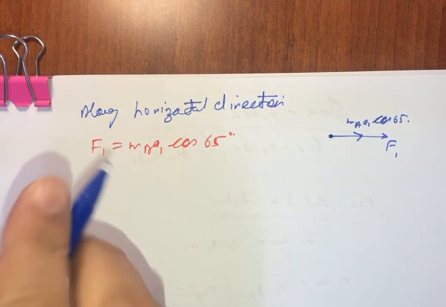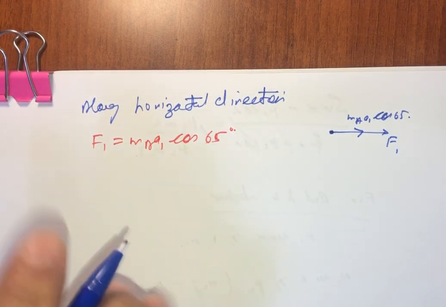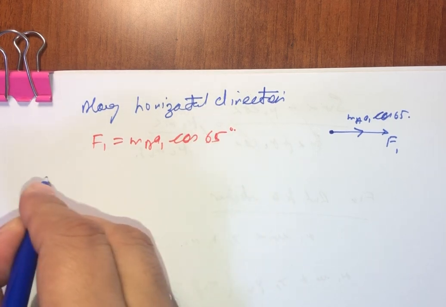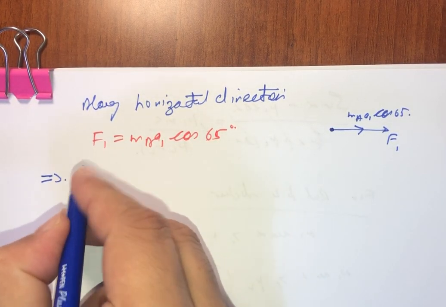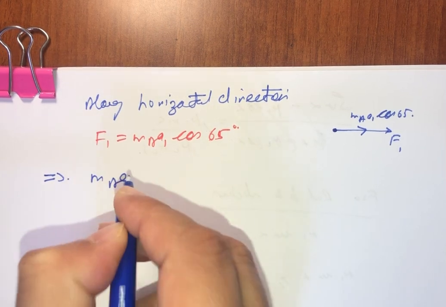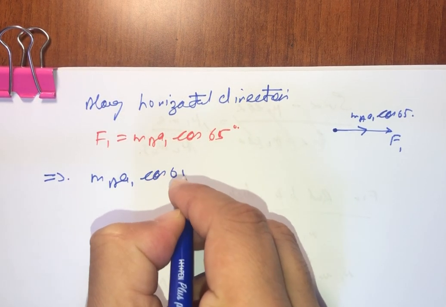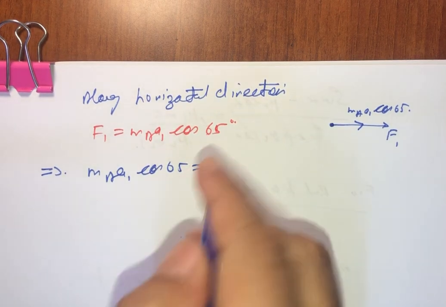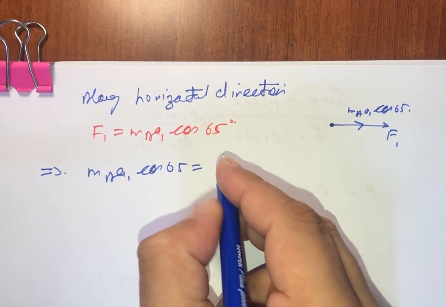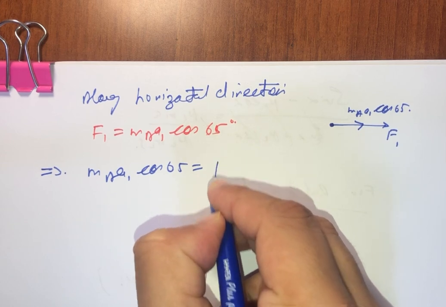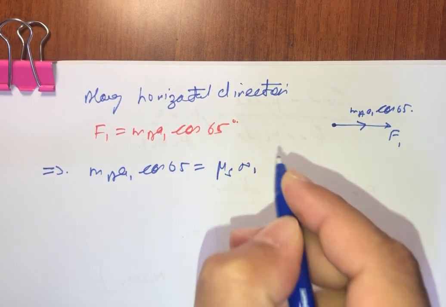And we already know the value, so this implies that M_A A1 cos of 65 is equal to mu s times N1.